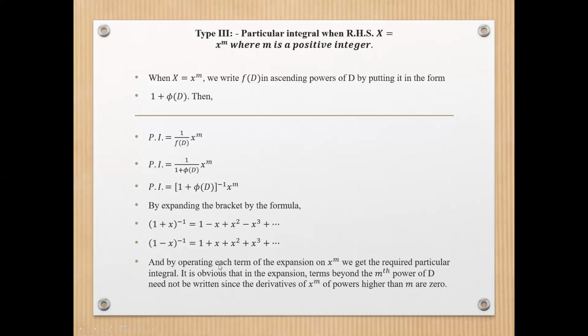As you know, the derivative of x square is 2x. If we differentiate again, we get 2.